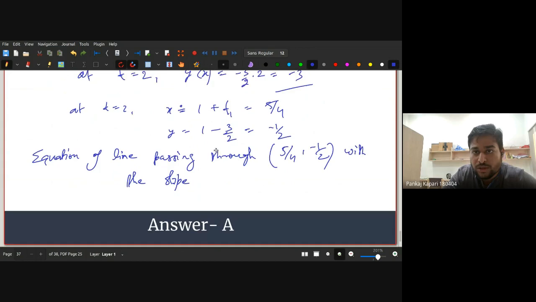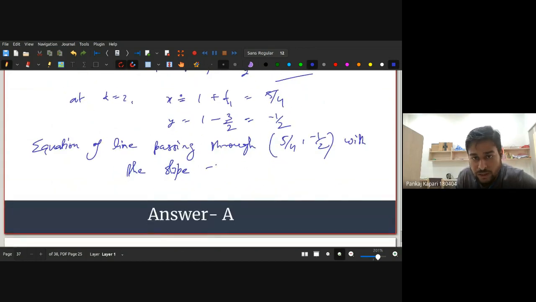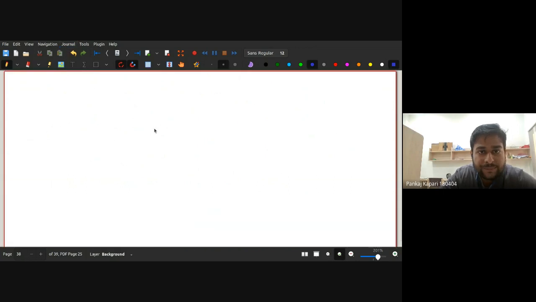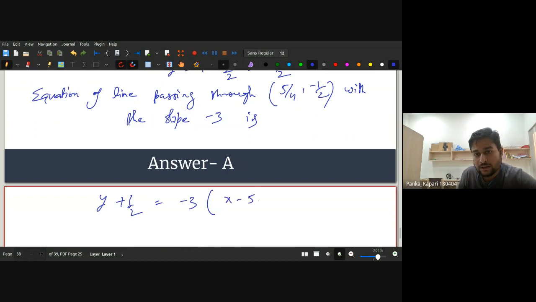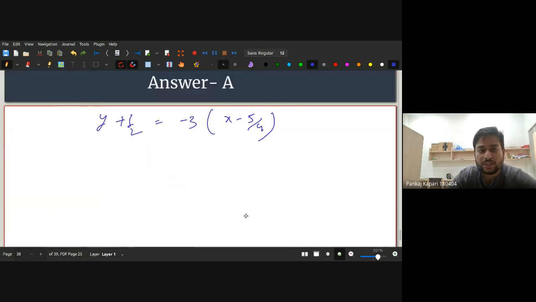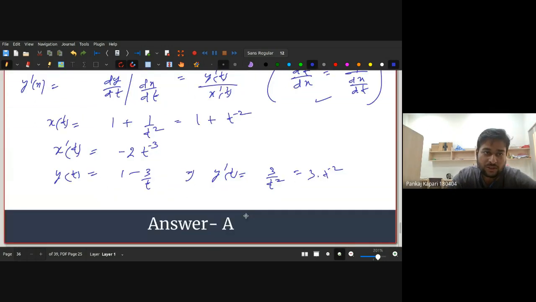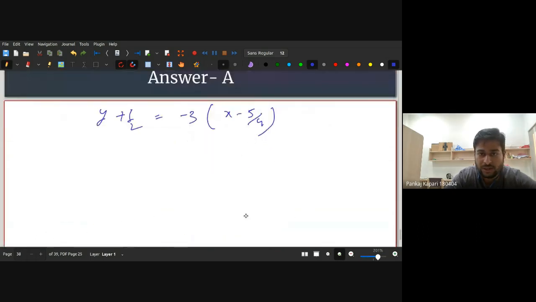What is the slope? The slope is minus 3. So how do we find the equation of this line? This line is y minus minus half, which is y plus half, equal to slope times x minus 5 by 4. Okay, so this is the equation of the line. Now we just have to simplify this.